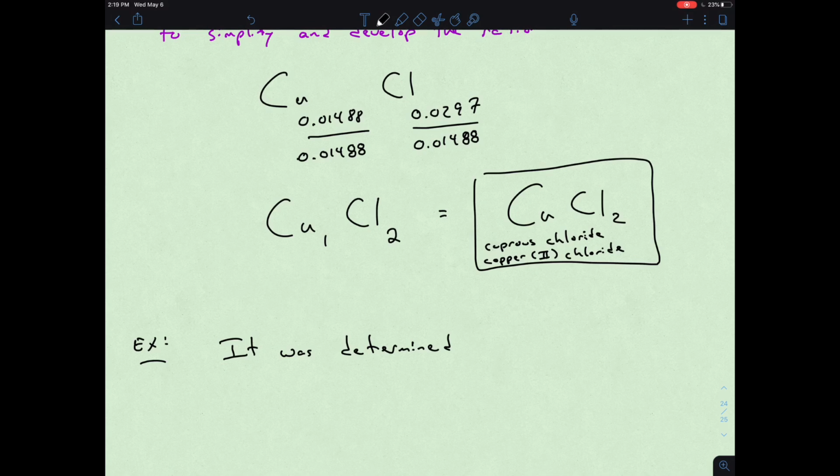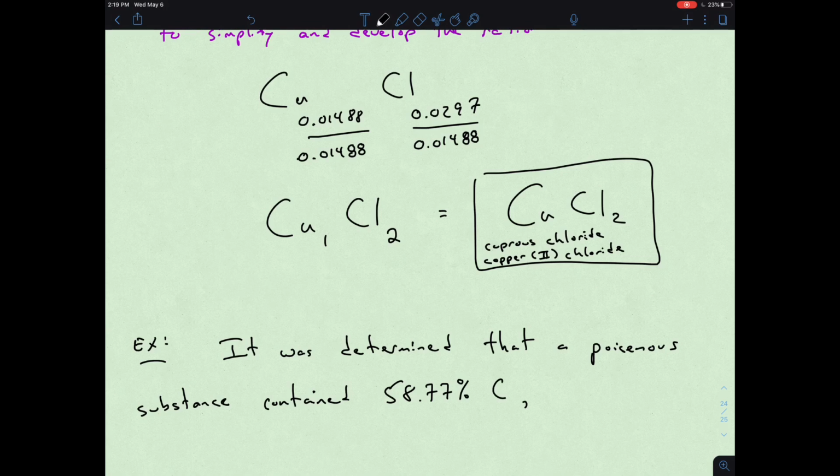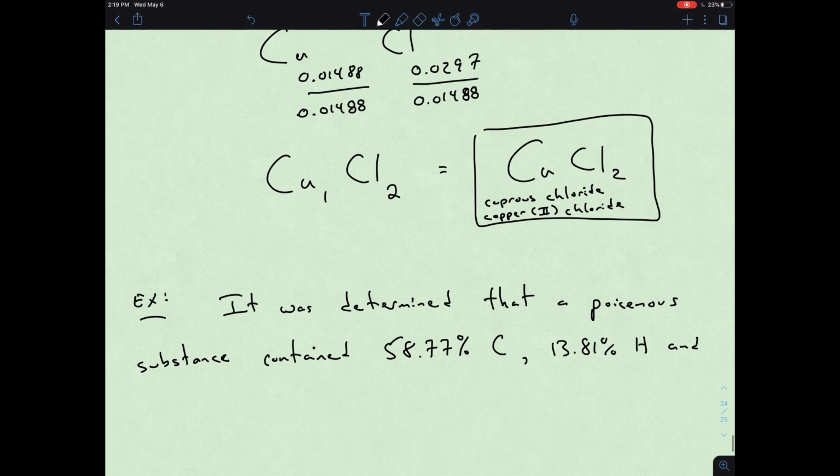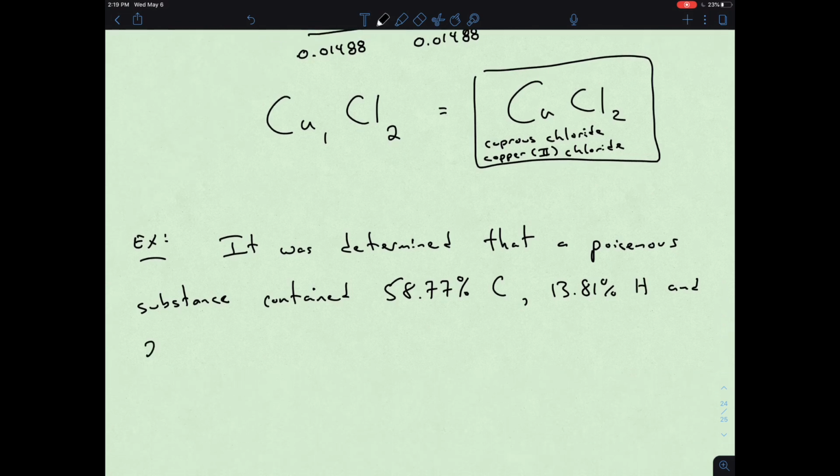So it was determined that a poisonous substance contained 58.77% carbon, 13.81% hydrogen, and 27.40% nitrogen by mass.